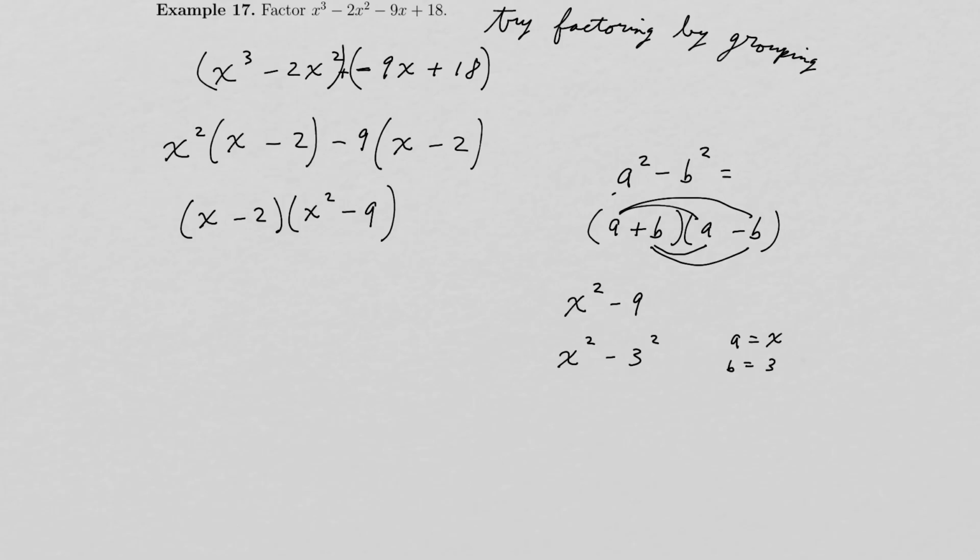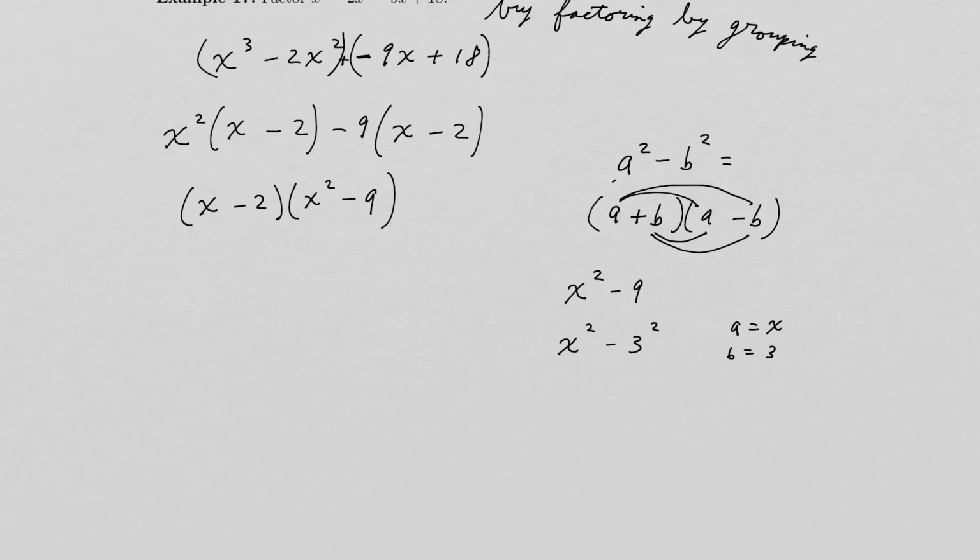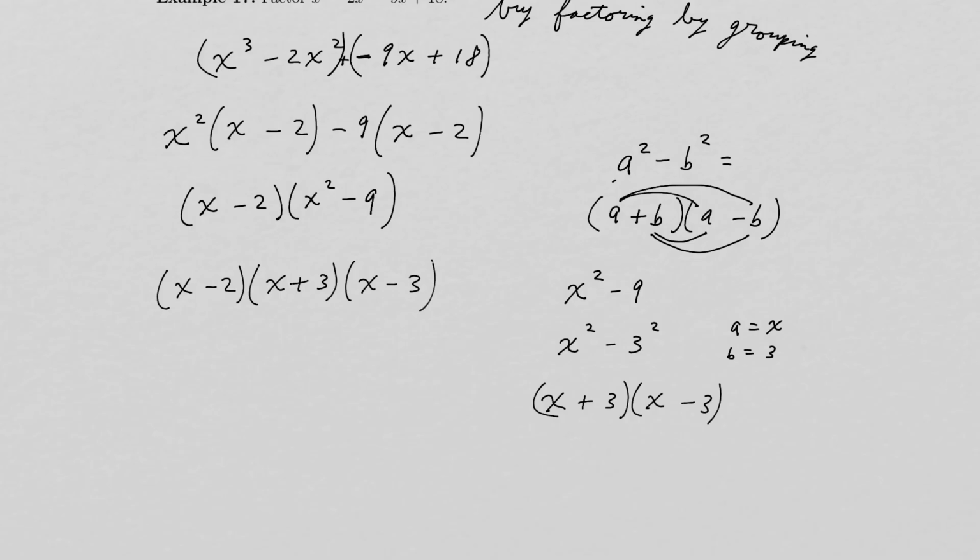So this factors into a plus b times a minus b. Then I can rewrite this expression: the x minus 2 I still have there, and the x squared minus 9 I can write as x plus 3 times x minus 3. So that would be the factorization of that expression.